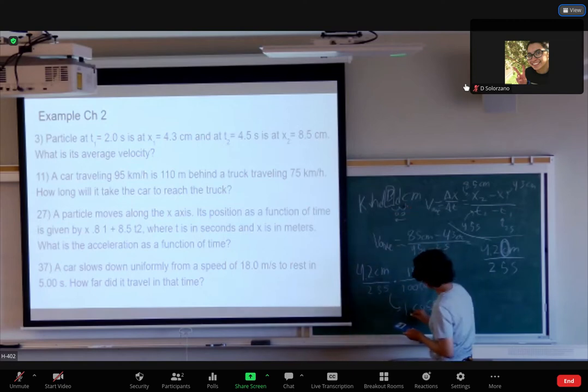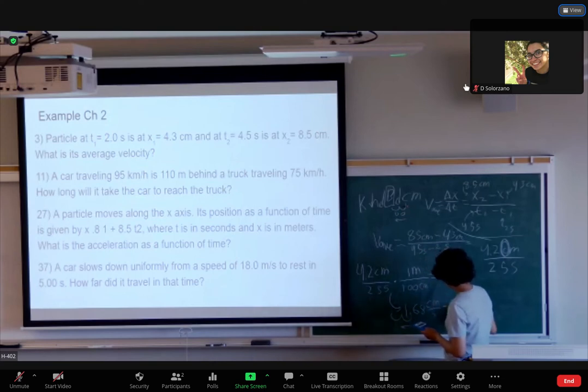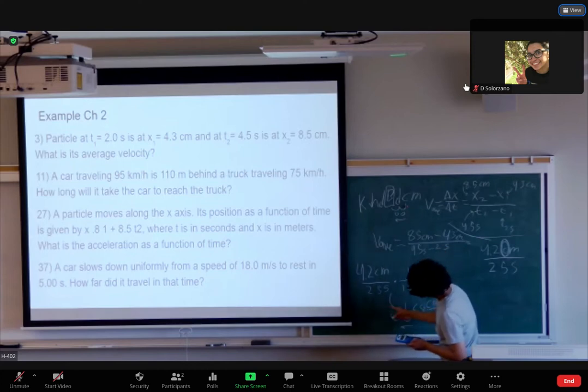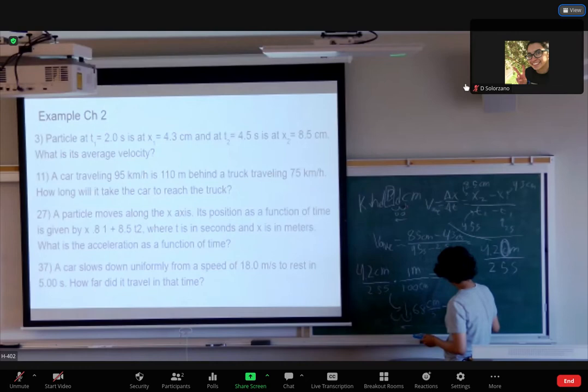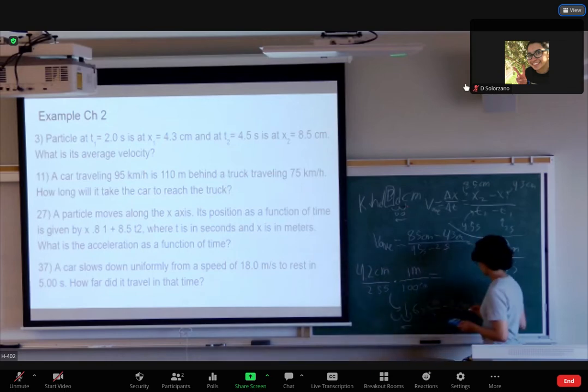And then again, you move the decimal over 2 times, 1, 2. And then you're going to put a 0 there. So it's going to be 0 point, because you want a 0 before your decimal point, so it's more obvious that it's there. 0.01, that's your 2 movements, and then 68 meters over seconds.